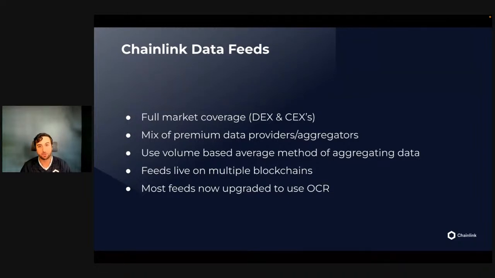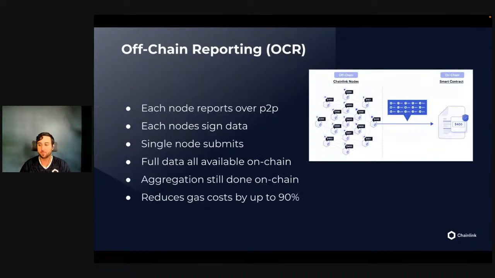The feeds are live on multiple blockchains, as we saw earlier, and most of the feeds are now upgraded to use OCR, or off-chain reporting. And what is OCR? So in OCR, that example I went over earlier, that image, that's actually an image showing the process of off-chain reporting. So each node is communicating with each other over a peer-to-peer network, much like blockchain nodes do.